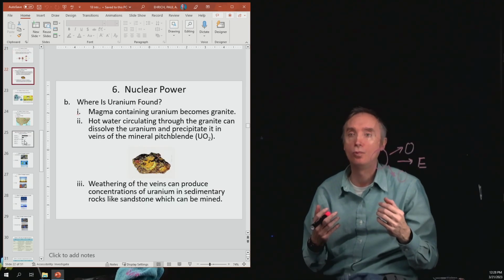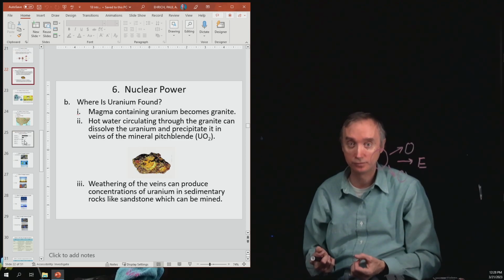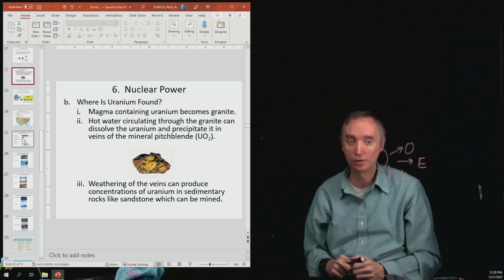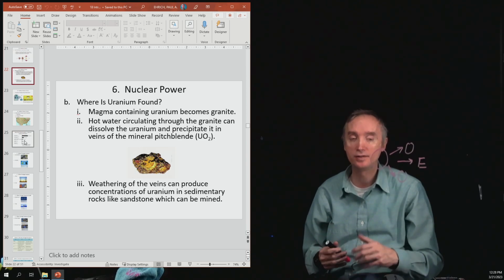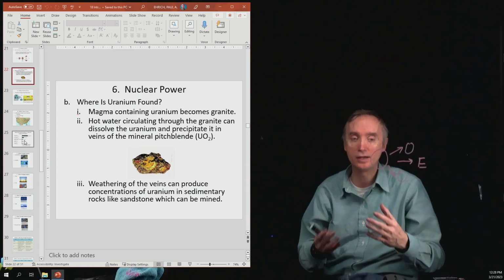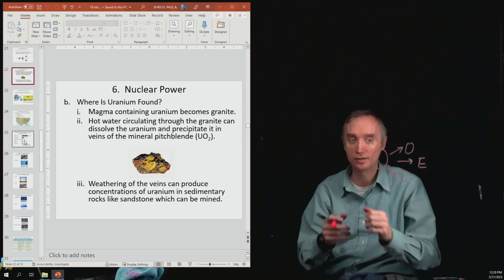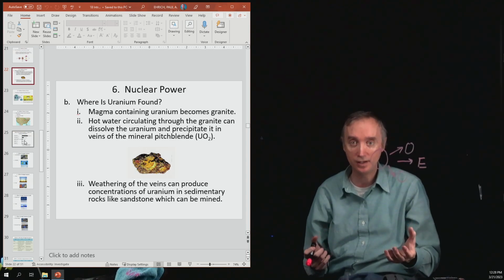So where do we get these radioactive nuclei? Normally we're going to get it from uranium. So where is uranium found? Uranium exists inside the Earth. We mentioned earlier that the inside of the Earth is hot because of radioactive materials decaying and releasing heat.